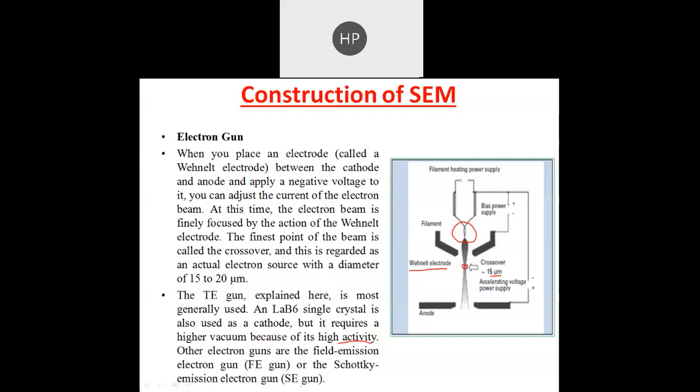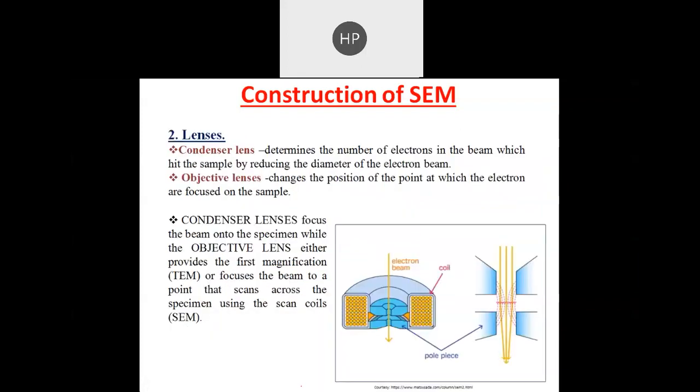Okay, so there are various different types of guns evolved nowadays, but the best and most suitable source for the electron beam generation is a tungsten filament, because it has a low cost and it is easy to maintain.